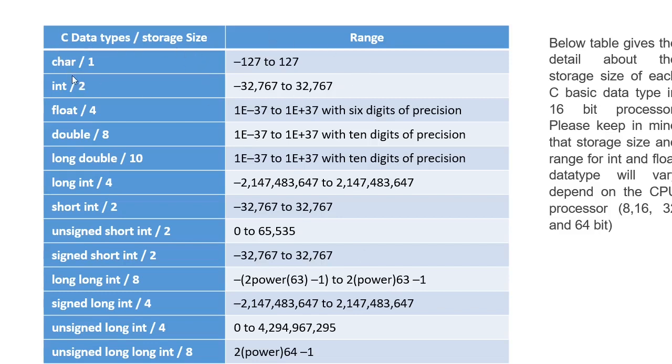For example, character can store only one character, with a range of minus 127 to plus 127. Similarly, integer ranges from minus 32,768 to 32,767. Likewise, as we go down, you can see the storage capacity increases.